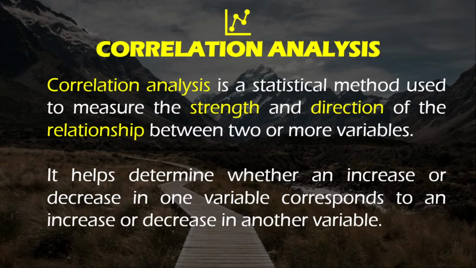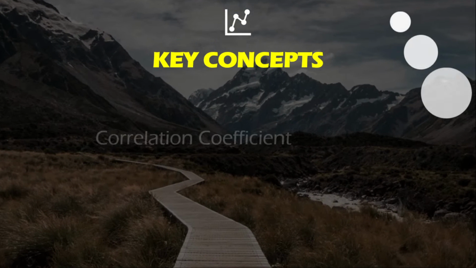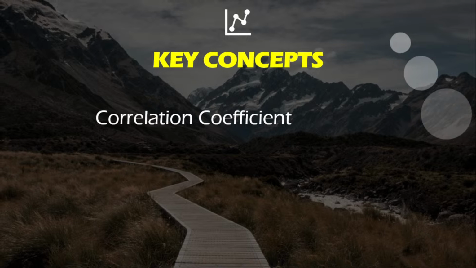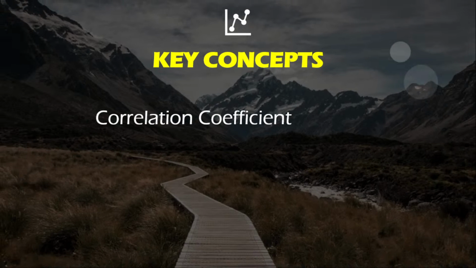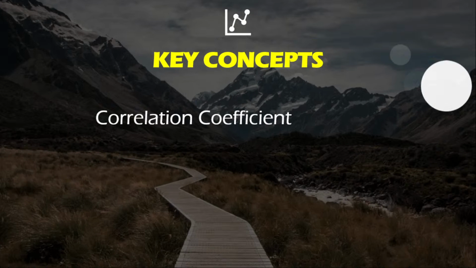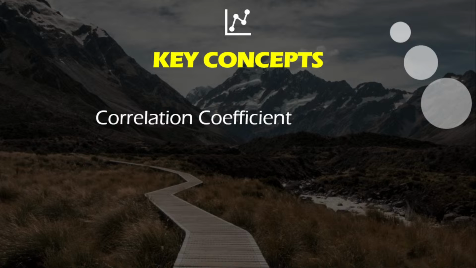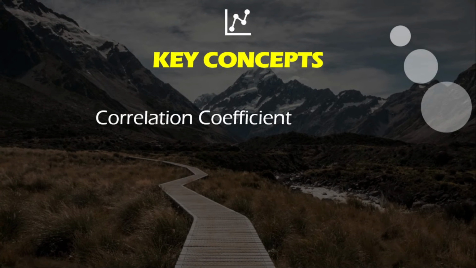So let's quickly move to our next slide. What are the key concepts? The key concept is simple: the correlation coefficient. It is the correlation coefficient that we use to determine the strength and the direction of the relationship.